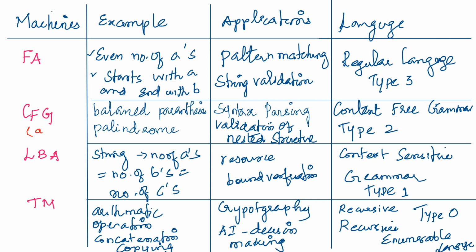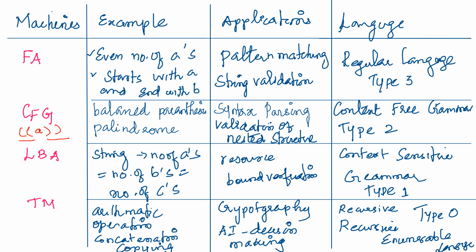So we need to check the balanced parentheses. First you check the leftmost, then you check the rightmost. If it is matching, we can announce the string is accepted. So in this case we can apply context free grammar.